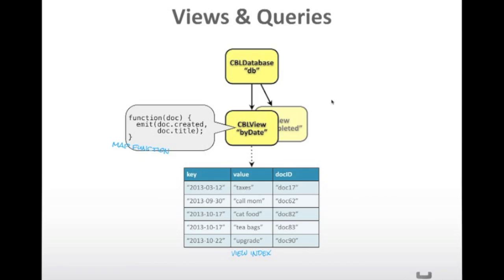And the index also remembers which document each of these emitted key value pairs came from, which is useful if you want to get back to the document later on when you're querying it. So that index gets built, you can think of it, at the time that the document gets updated. Then later on when we do a query, the CBL query class will go through and grab the relevant section of the index and pull it out and let us walk through it.